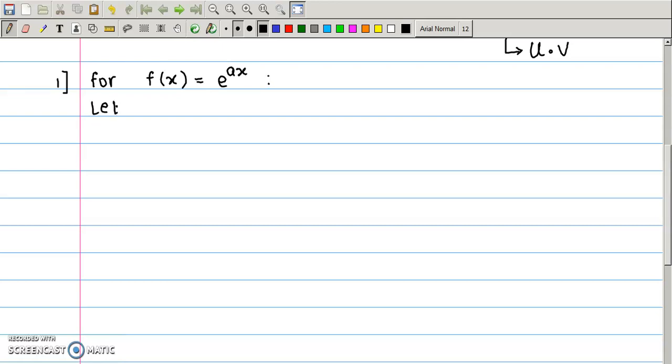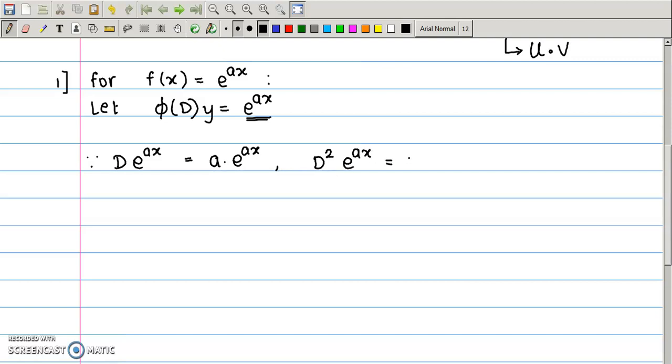So we consider let phi of D into y equal to e raised to ax be the linear differential equation, and to find particular integral for this function e raised to ax, we consider, since derivative of e raised to ax is a times e raised to ax, similarly second order derivative of e raised to ax is nothing but derivative of this term, that is a square into e raised to ax, and so on. We can find nth order derivative of e raised to ax as a raised to n into e raised to ax.